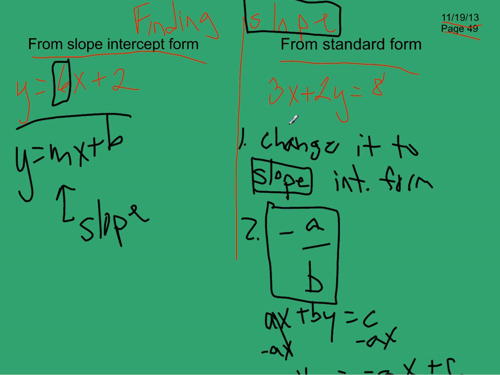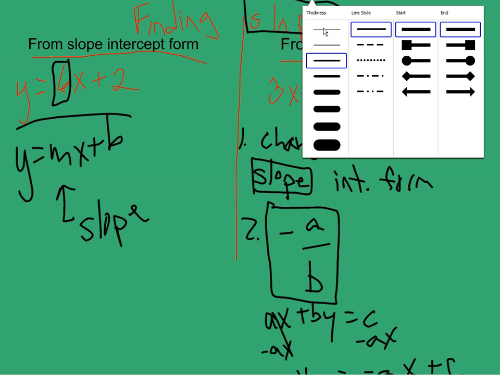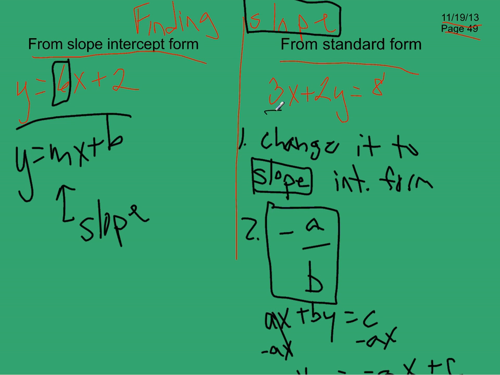So if we give this example, 3x plus 2y equals 8, and we are looking to find -a over b, well, a is the coefficient of our x term, which in this case would be 3, and b is the coefficient of our y term, which in this case is 2. So if we want to do -a over b, it would end up being -3 over our b is 2. And that is going to be our slope for this equation.